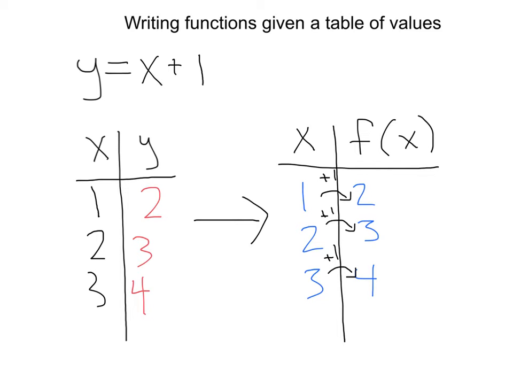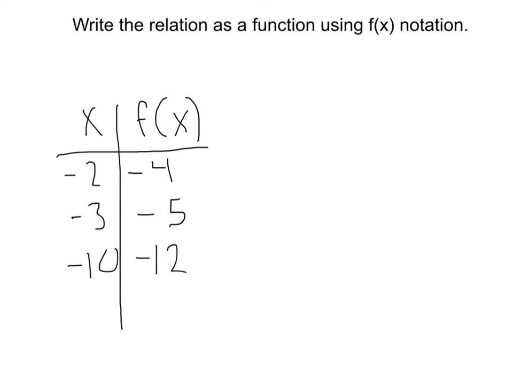So if we wanted to write a function to represent this x and f of x table, it would just be f of x equals x plus 1, since our f of x value or y value is just adding 1 to these x values. That's what we do up here. f of x equals x plus 1. And this y in function notation is just written as an f of x. So this is what we're going to be doing with these. We want to try to write each relation as a function using f of x notation.